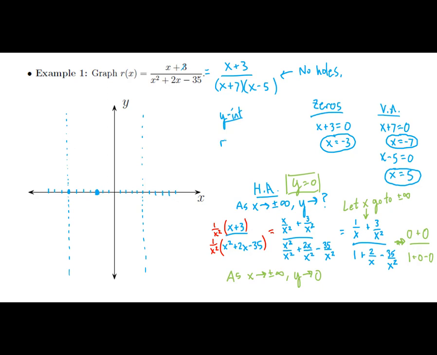So the y-intercept is when x is 0, so we plug 0 in for x, so that's going to be 0 plus 3 divided by 0 squared plus 2 times 0 minus 35, which just gives me -3 over 35. So what does that tell me? That tells me that when I cross the y-axis, I'm at -3/35, which is basically right here. So in other words, from this 0 to this y-intercept, I've barely changed my height at all.